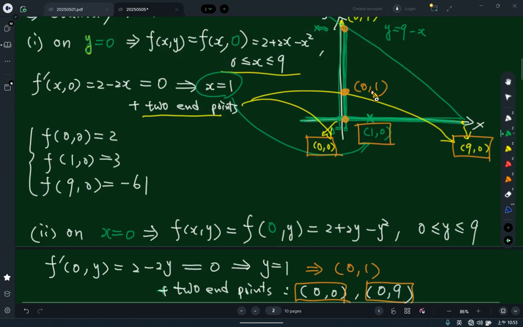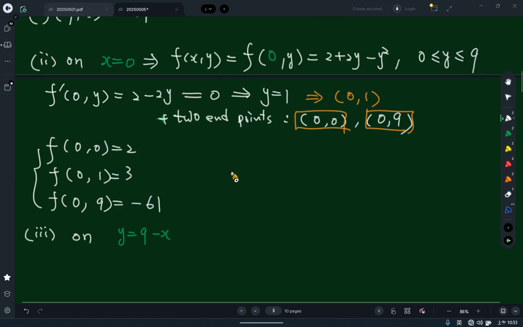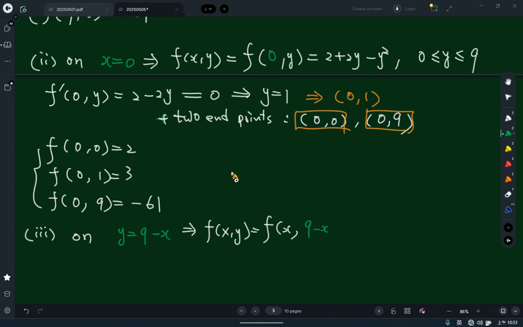So we just focus on f(x, y), where y is 9 minus x. You can see for the y part, we will transfer it into 9 minus x.